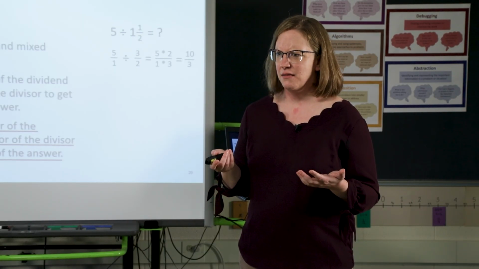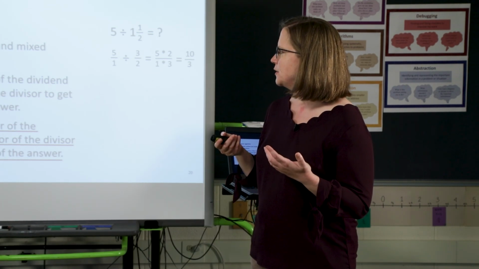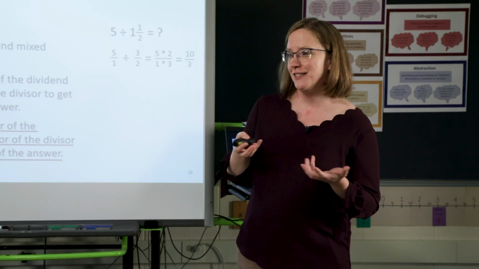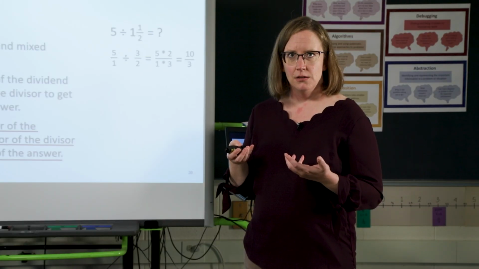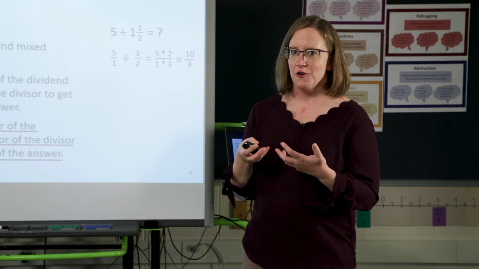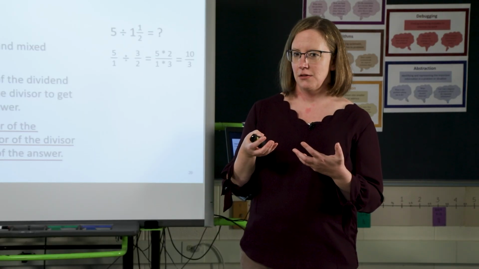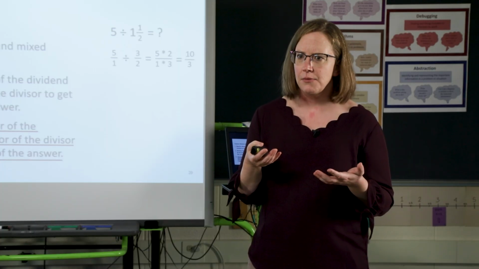Maybe make an estimate? So for example, if we think of the problem as how many 1 1/2 fit into 5, well, we know 3 1 1/2 together makes 4 1/2. So we can fit 3 of them in, plus a little bit more. So our answer should be a little bit more than 3.